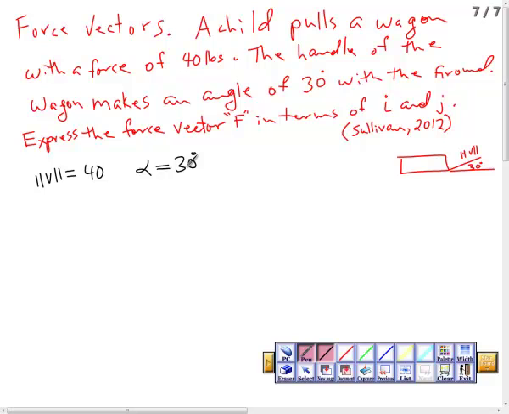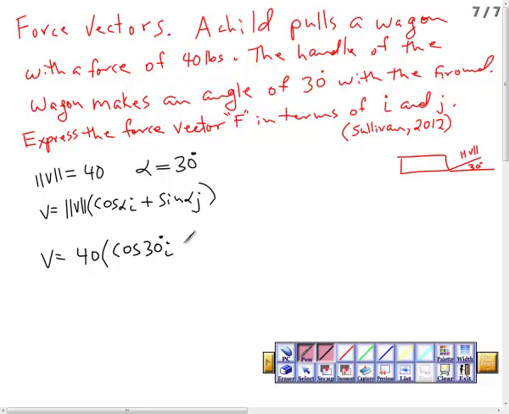And we want to express our vector in terms of I and J, and so basically we'll have magnitude times cosine alpha I plus sine alpha J. So this will be 40 times cosine 30 degrees I plus sine 30 degrees J.